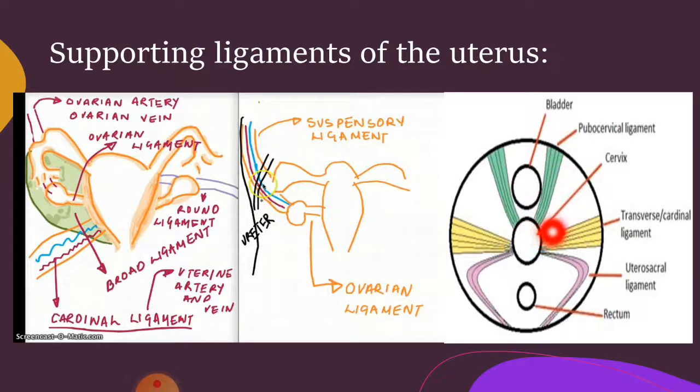As you can see here, this will be extending forward from the transverse cervical ligament on each side of the bladder. This is the level of the bladder, and they will be attaching to the posterior surface of the pubic bones. Anterior to the bladder will be the pubic bones.